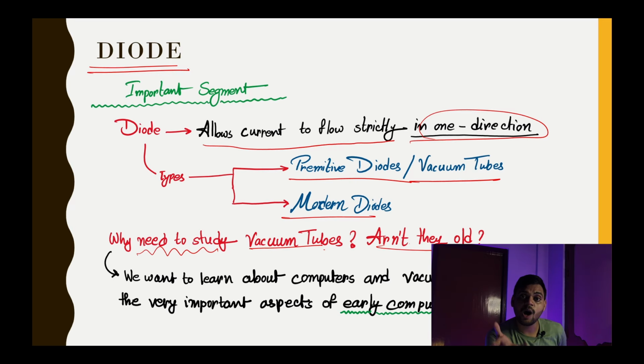To understand how those early computers work, we must know about vacuum tubes. Without knowing vacuum tubes, we can't understand how computers are even working till now. And without understanding the history, we can't move forward, isn't it? So let's go and learn about vacuum tubes.